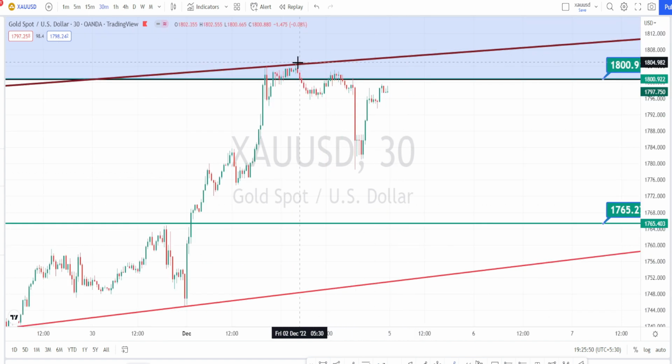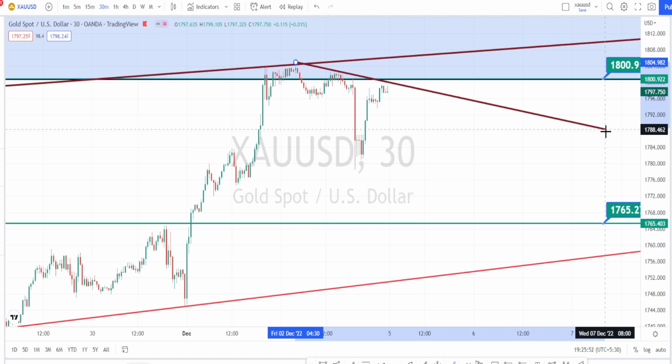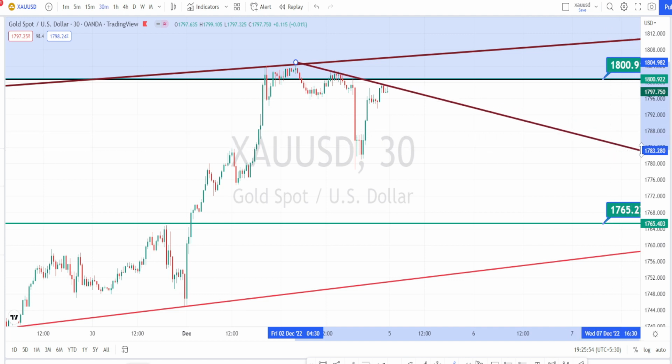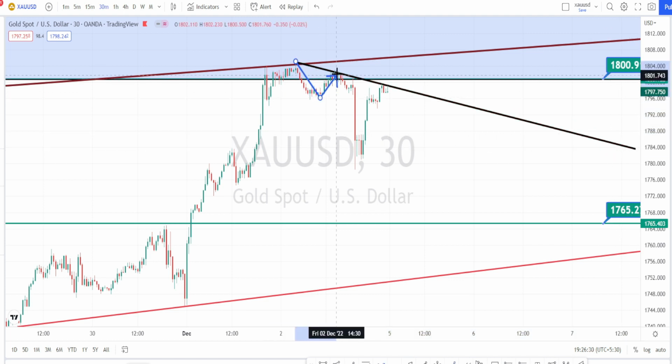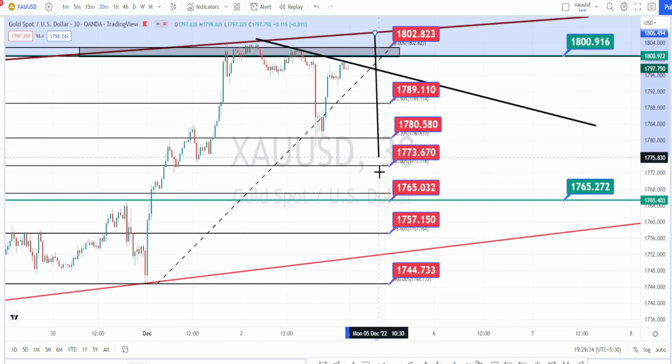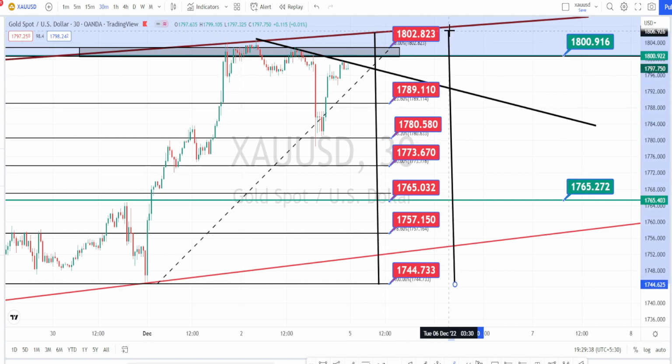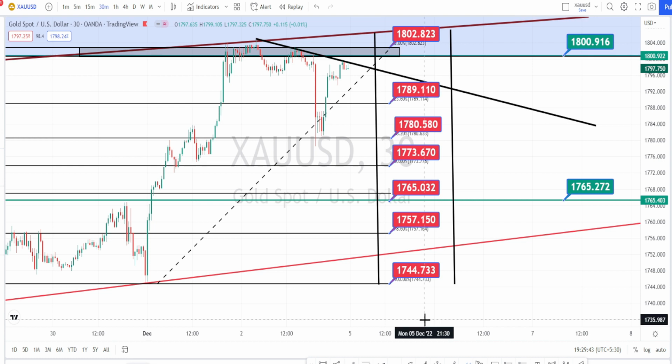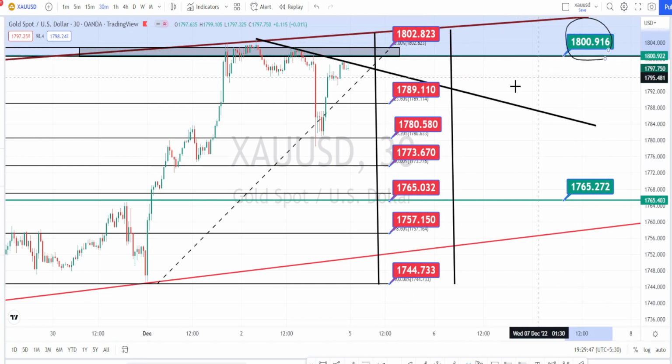Again, I would recommend you to draw a resistance line or a trend line for 30 minutes time frame also. And currently the price action is in a bearish side retracement in 30 minutes time frame. So the values within this red color boxes are the resistance and support levels for current price action in 30 minutes time frame. Currently the price action is trading between the resistance level of 1800 and support level of 1789.